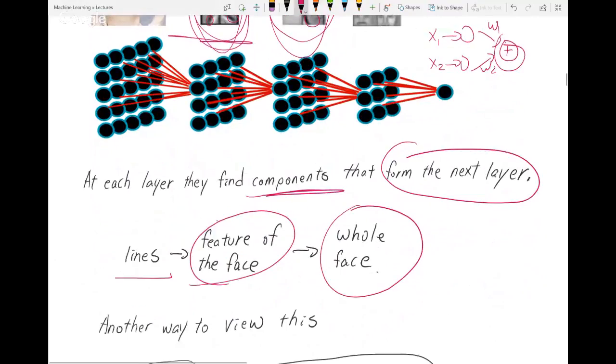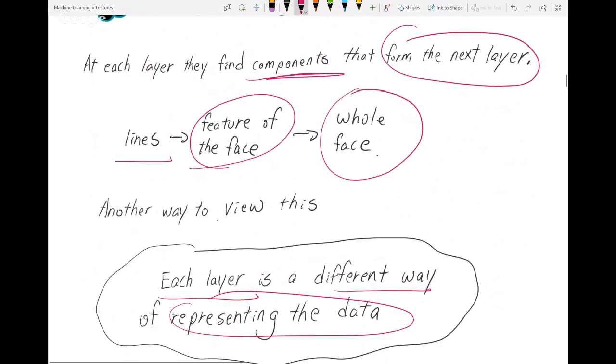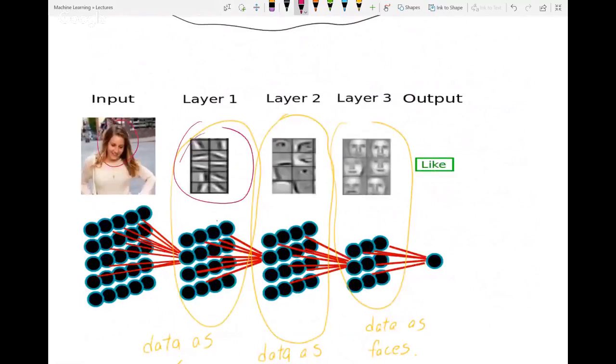Well, another way to view this is that each layer is a different way of representing the data. So this right here is a way of representing the face through lines. Of course, you'll need a lot of combinations of lines to form the face, but this is a way you can use lines to represent it.